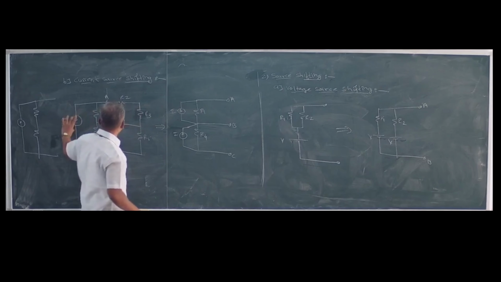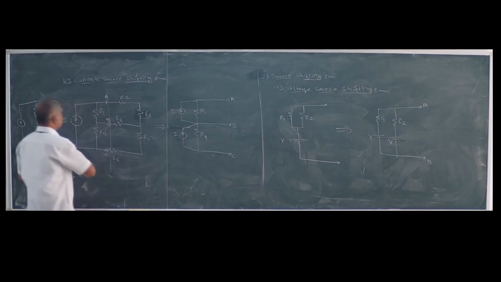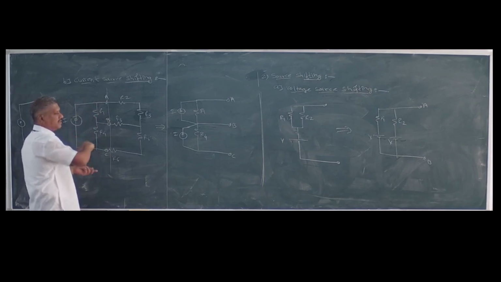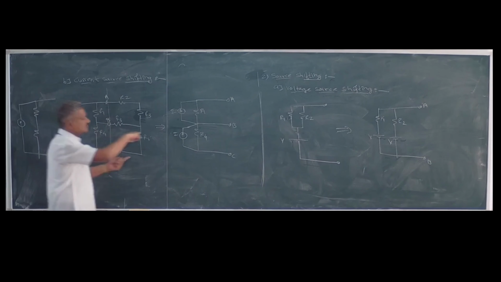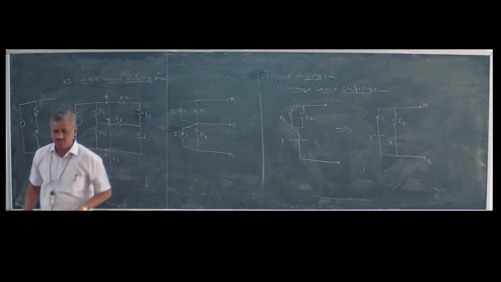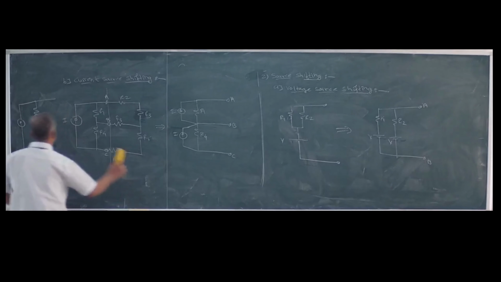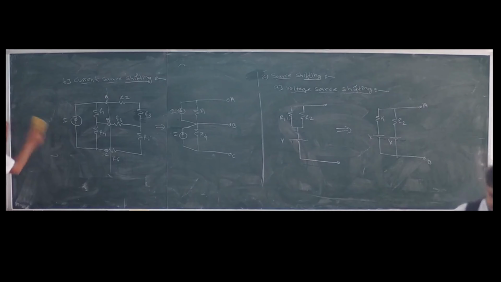This is also I, the same I will be here, but in place of showing across the complete combination, we have shown across the individual combination, and that kind of approach of shifting is known as the current source shifting. When we go through the examples, you will understand when we need to do the current source shifting and when we have to use the voltage source shifting.